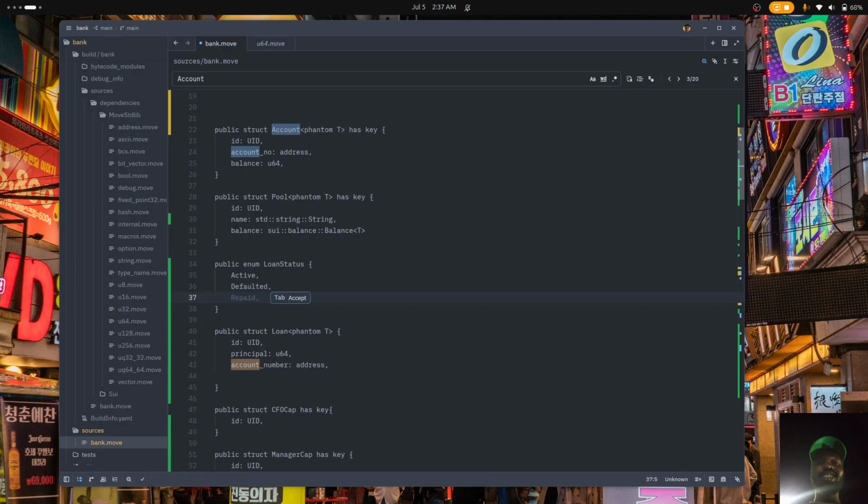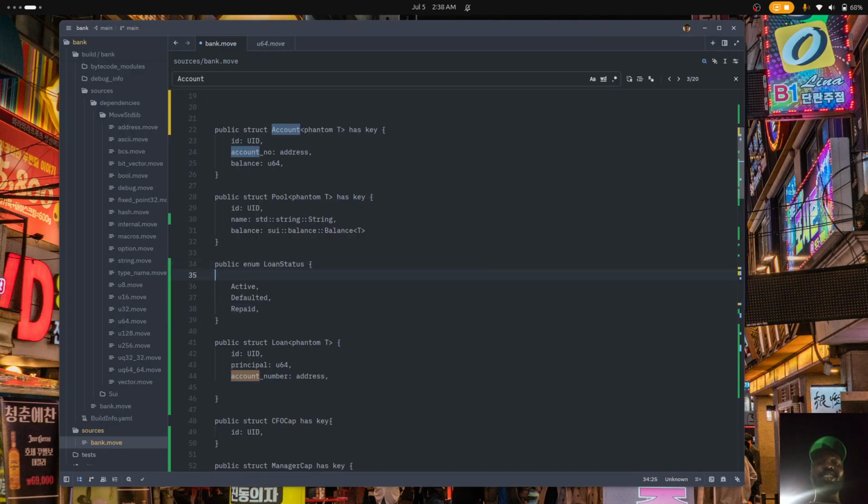Defaulted, paid, so if it's still pending, loan should be unapproved. Unapproved.